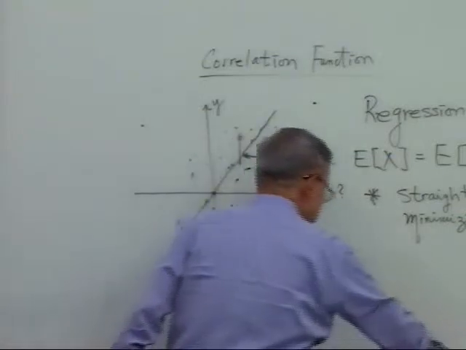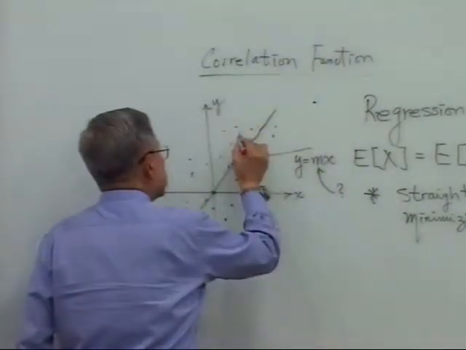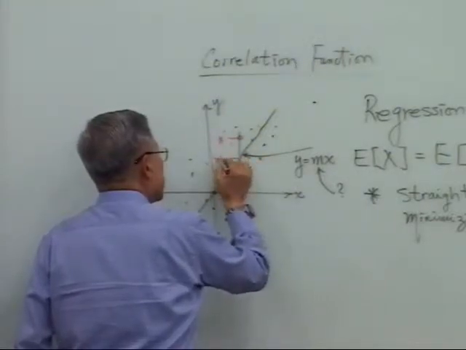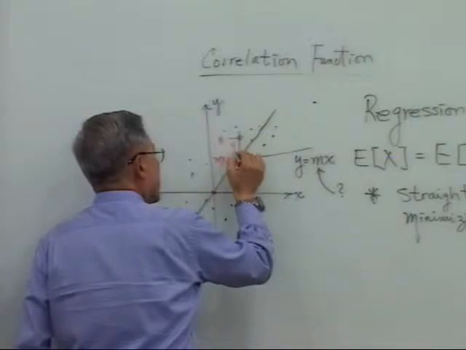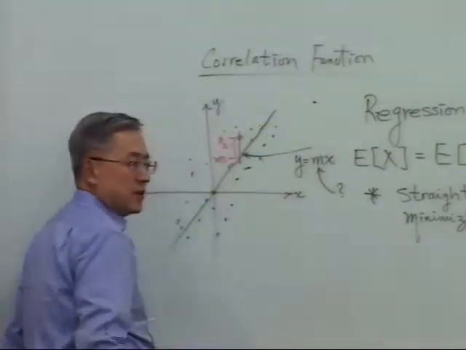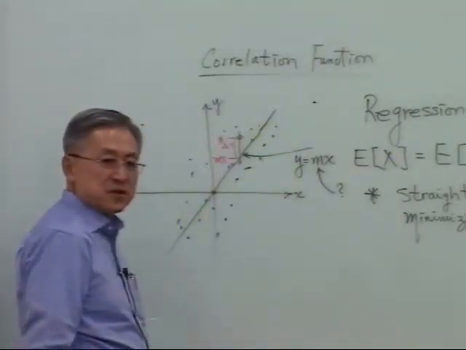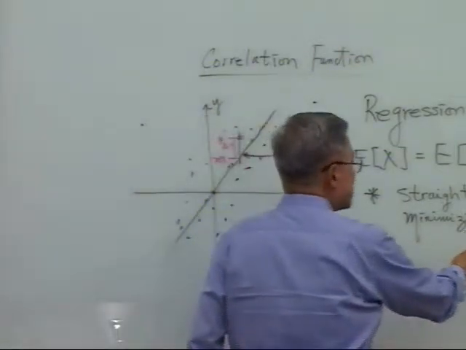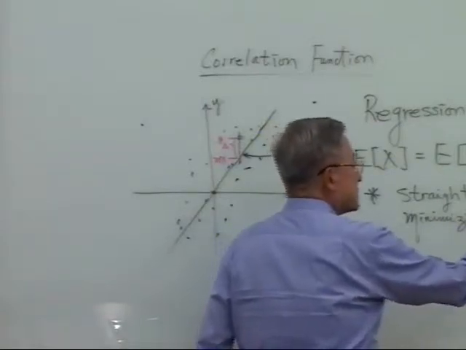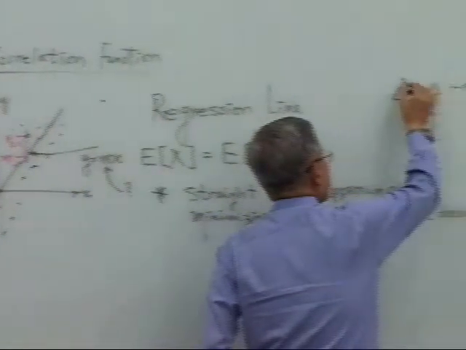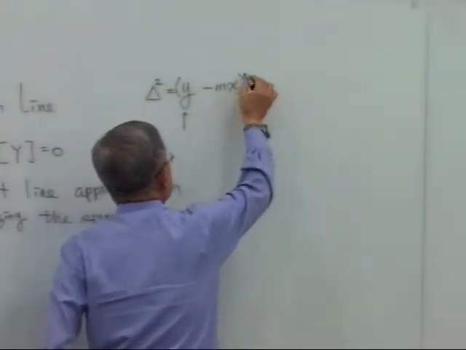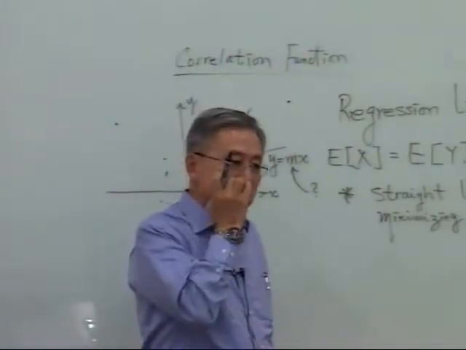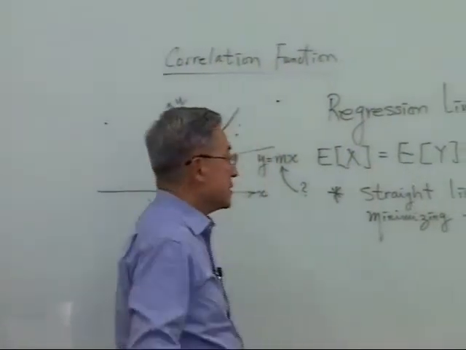Of course, this is a y point, and this is the mx point, and that difference is a delta, which is a deviation. So we are minimizing the square of the deviations. Then I'm going to minimize that. That's the least square approach.